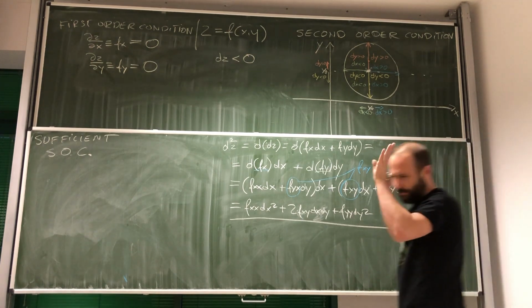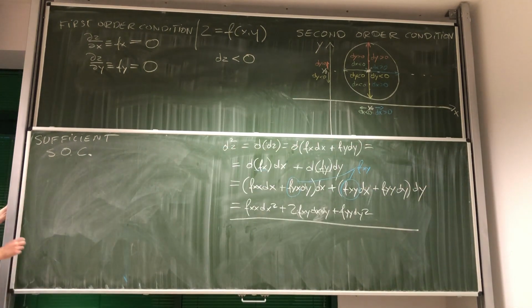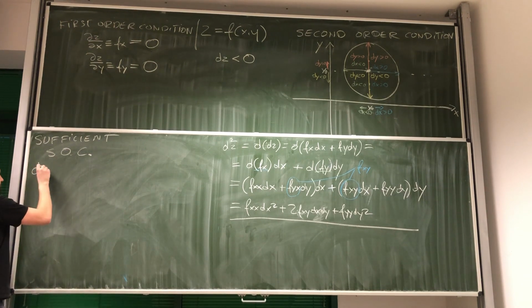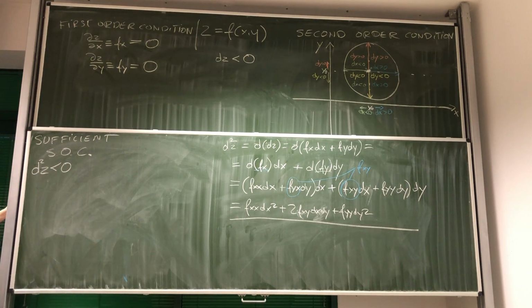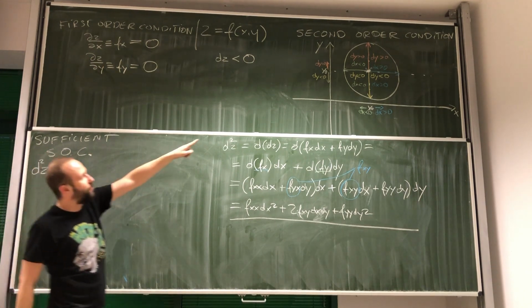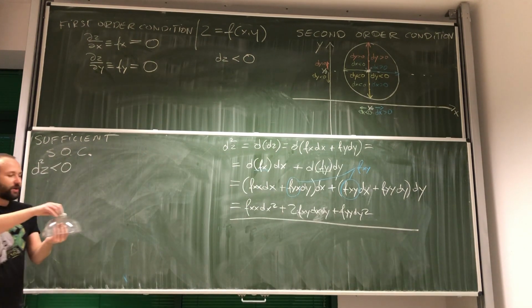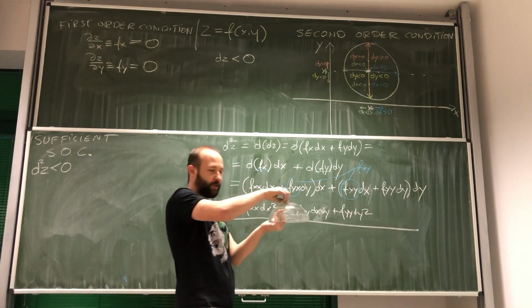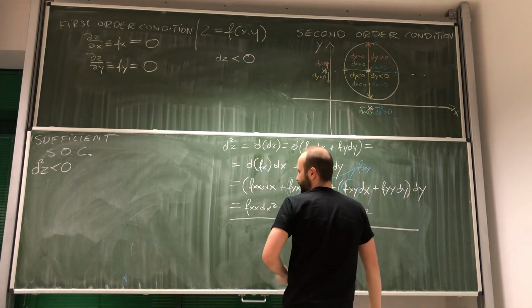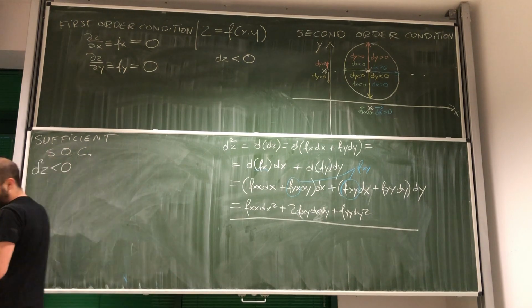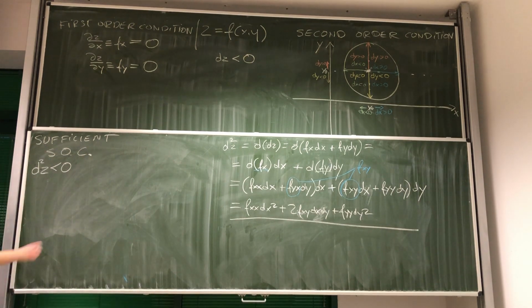Okay, let's start easy. If we've got that d squared z is always negative, it means that this point is the top of the ball. Why? Because if I move from this point in any direction, I'm going lower. So this point must be a maximum.